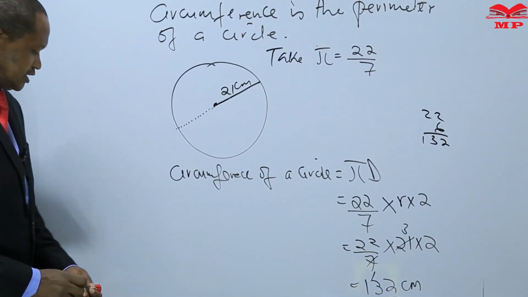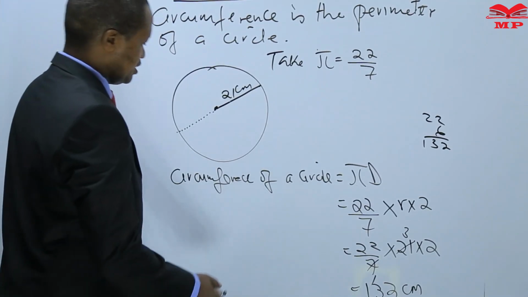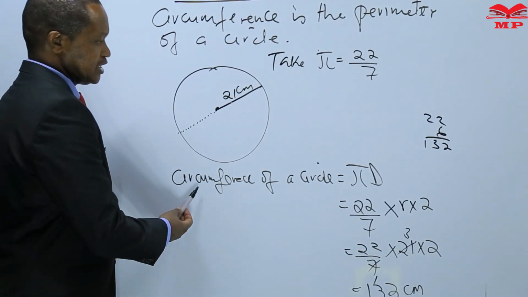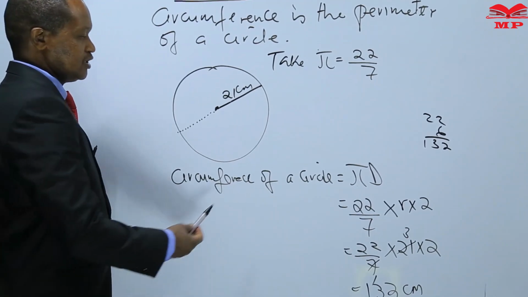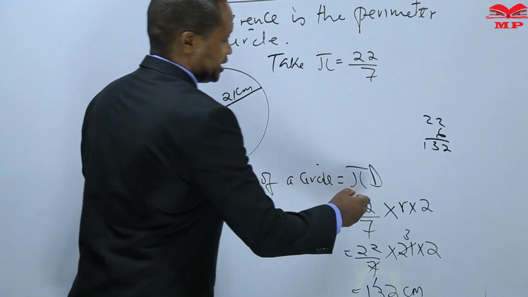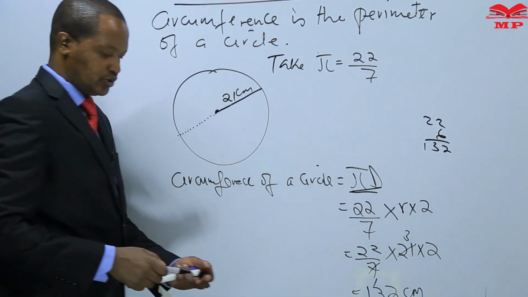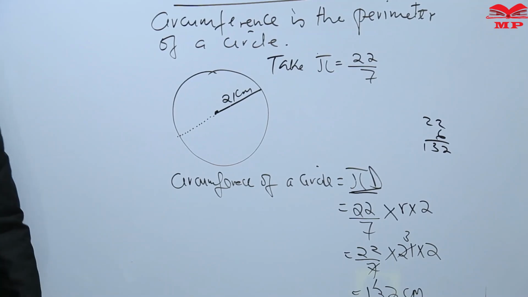So learners, what you need to know is the formula of the circumference of a circle is pi d, the pi times the diameter. So let's do the second question.